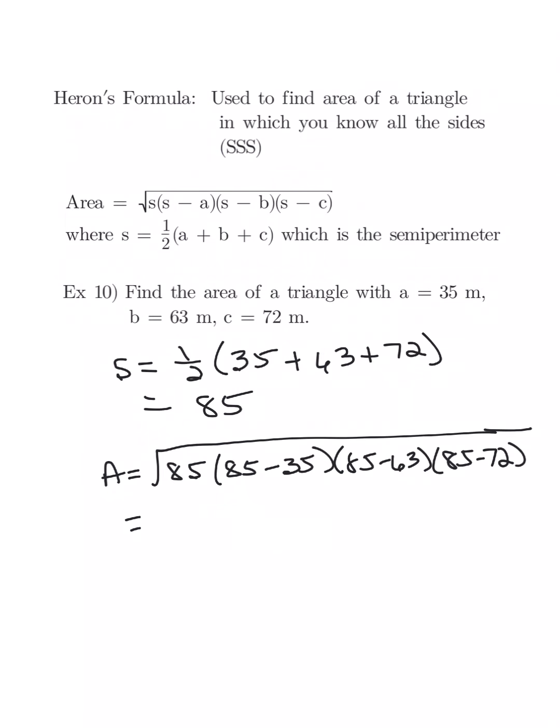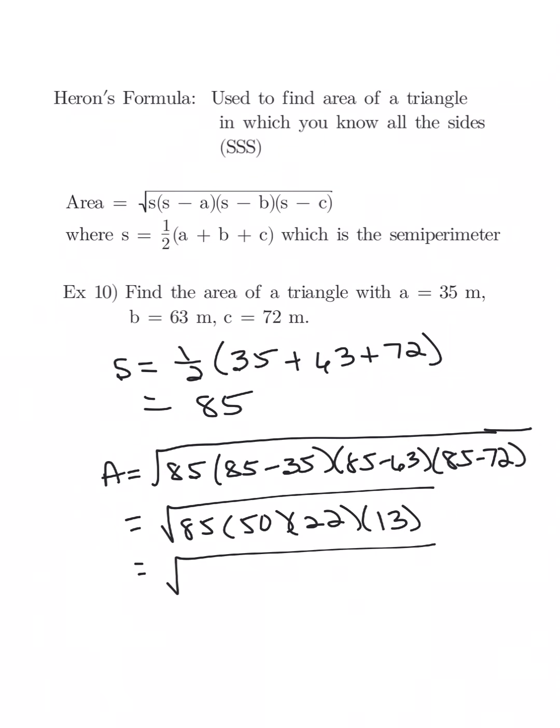So this now means that we have a square root of 85 times 50 times 22 times 13, which means we have a square root of 1,215,500. And when you actually do that square root on your calculator, you will get 1102.5, and our label was meters, and since it's area, squared.